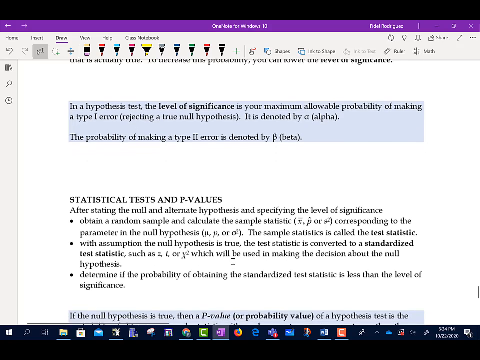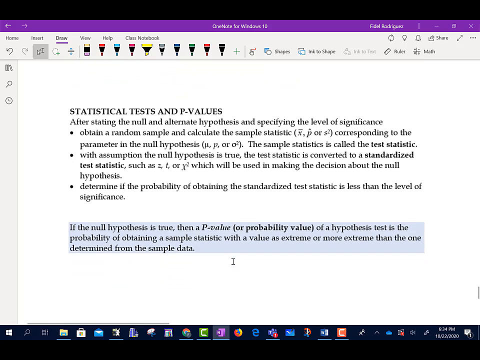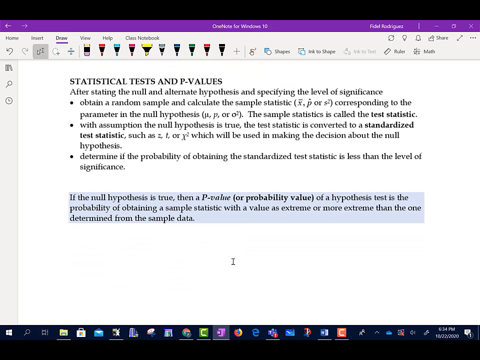So we have something called statistical tests and p-values. It says, after stating the null and alternate hypotheses and specifying the level of significance, obtain a random sample and calculate the sample statistic, x bar, p hat. We're not going to be doing the s squared business here.